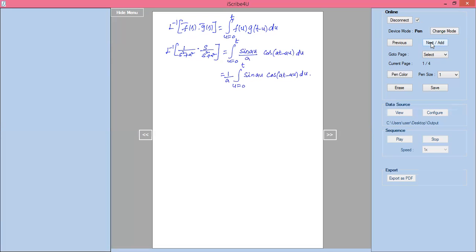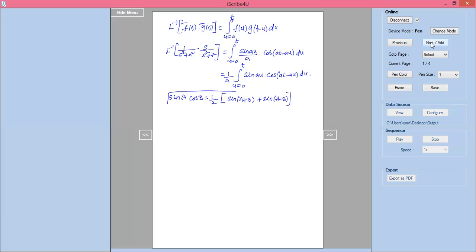We know the formula for sin A cos B, which we have already studied: sin A into cos B equals 1 by 2 into sin of A plus B plus sin of A minus B. That formula I am applying.